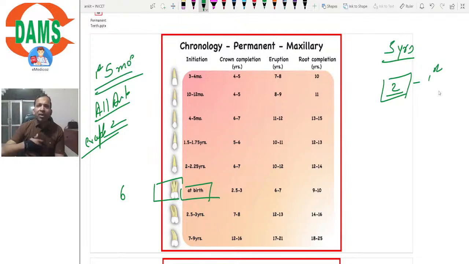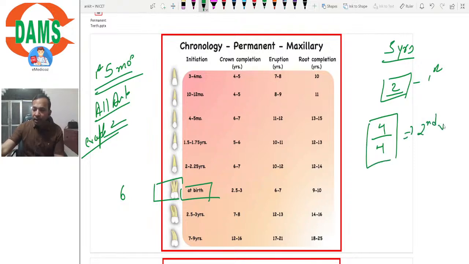Now remember that all the anteriors are gone, the first molar is gone, so the 2 premolars and 2 molars are remaining, right? So only the first premolars will initiate in the second year of life. Is it clear? Only the first premolars will initiate in the second year of life.